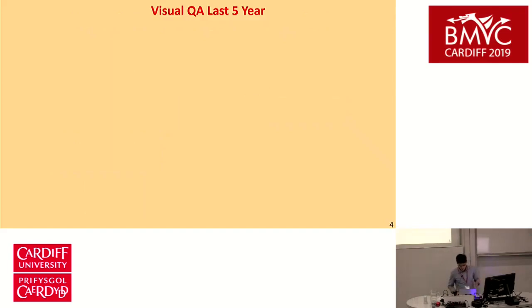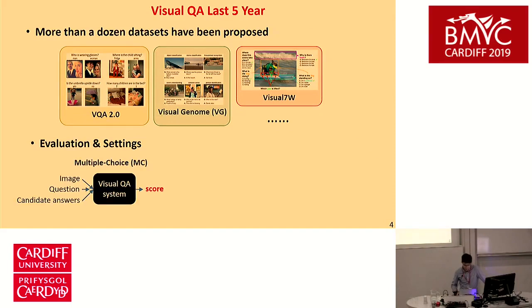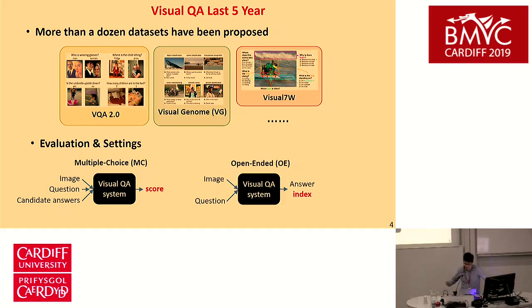For VQA in these 5 years, a lot of datasets have been proposed, and they are basically in two settings. The first one is multiple choice, where we have an image, a question and some options as candidate answers, and the model tries to rate the most likely one. The other is open-ended. We only give a pair of image and question, and the model needs to retrieve from a very large answer set.